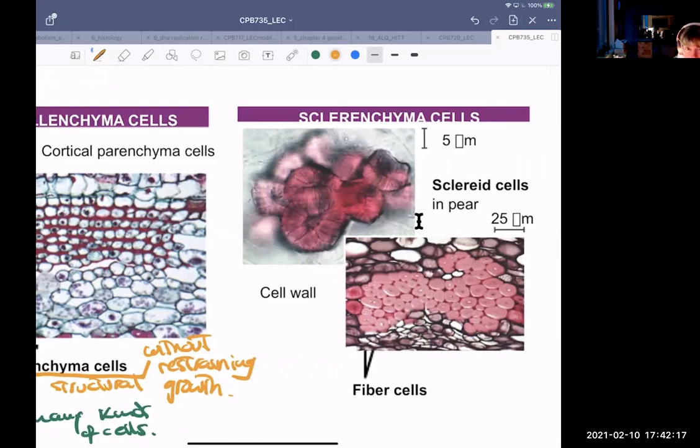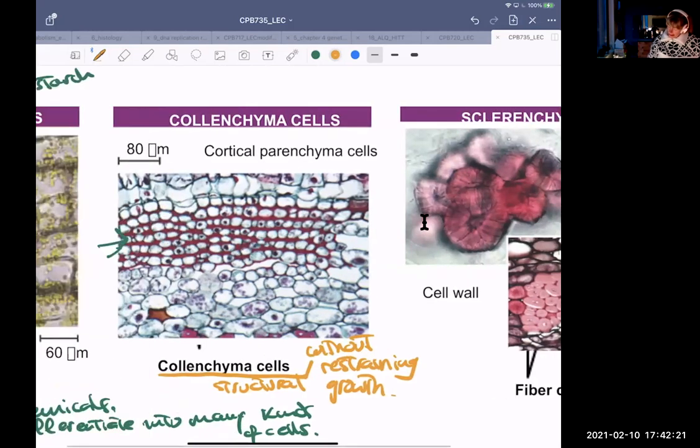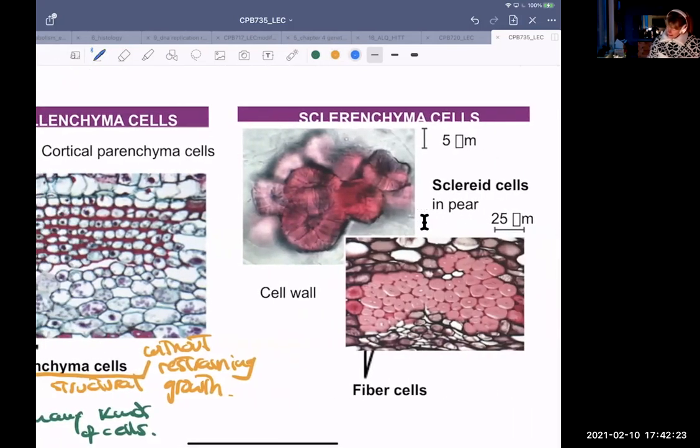Sclerenchyma, though, is quite thick. So sclerenchyma is thickened with lignin. Lignin is sort of a latex, really, almost kind of a rubber.